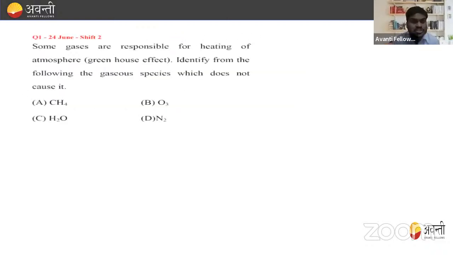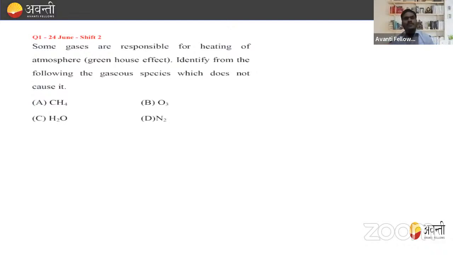Next, the next question is, some gases are responsible for heating of the atmosphere, that is, the greenhouse effect. Identify from the following the gas species which does not cause it.